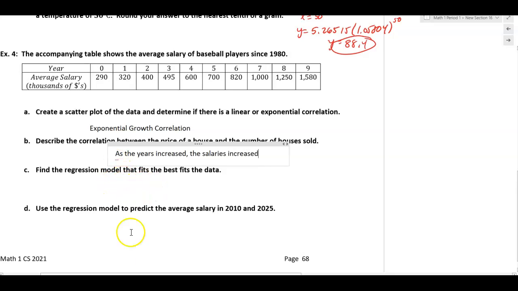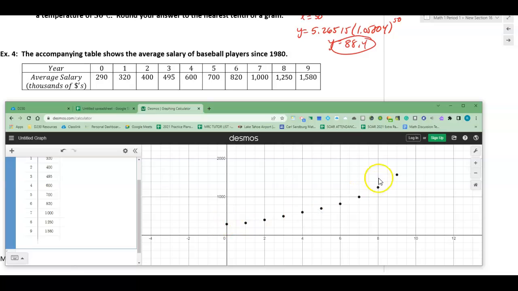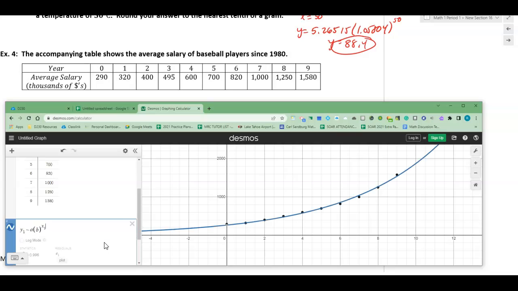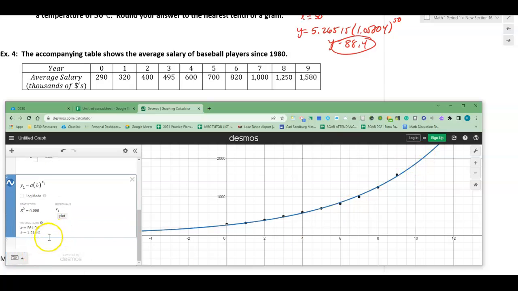Now the regression model that fits it, since it's exponential growth, I know I'm going to come down here, y1 tilde a times b to the x1. And if I look at that, that would be exponential growth. And here's my model.